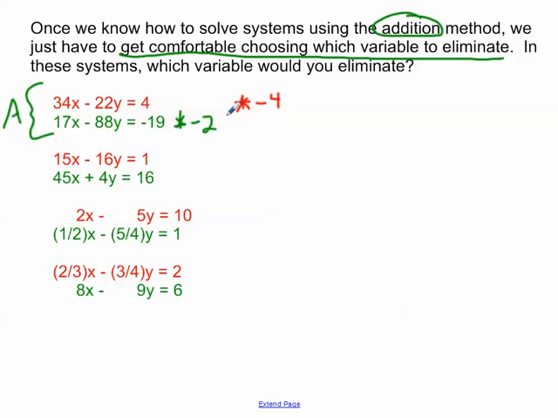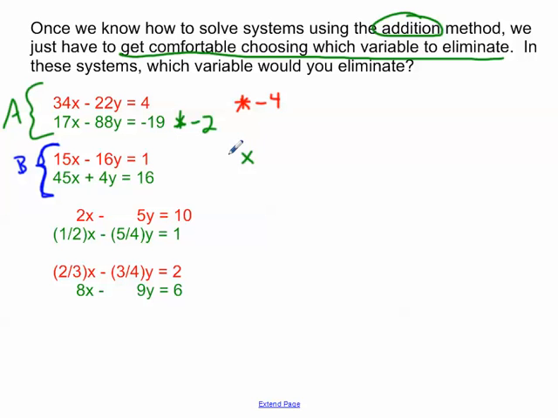All right, if we've got this B scenario, what would you do here? You could multiply the red by, let's see, how about negative 3?